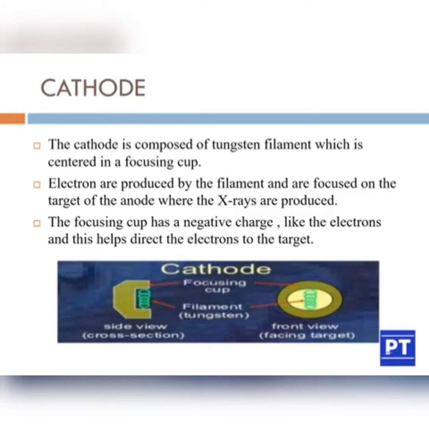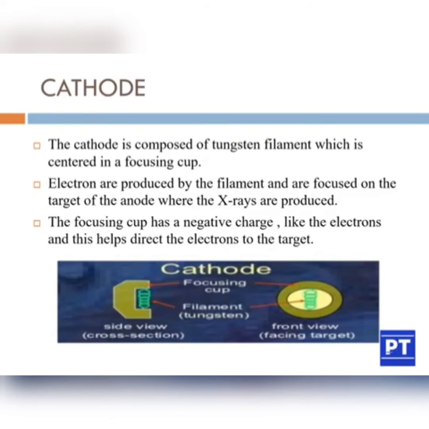In the previous slide, I told you that the cathode and the anode are components of an X-ray tube and the cathode is the filament. So the electrons are produced from the filament, which is focused to the anode. The anode is the target, and when these electrons hit the anode target, X-rays are produced.